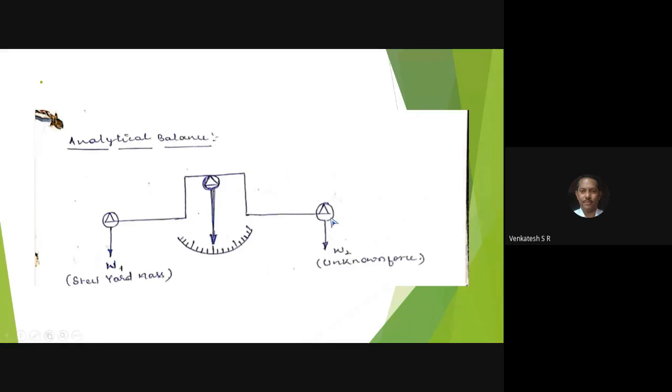In the center, the needle oscillates from the zero reading to the right or left side. When you bring the beam to balance, to symmetry, the needle reads zero. This is the measurement. The principle of working of the analytical balance is to bring the beam to a symmetrical condition, that is, the needle should read zero.